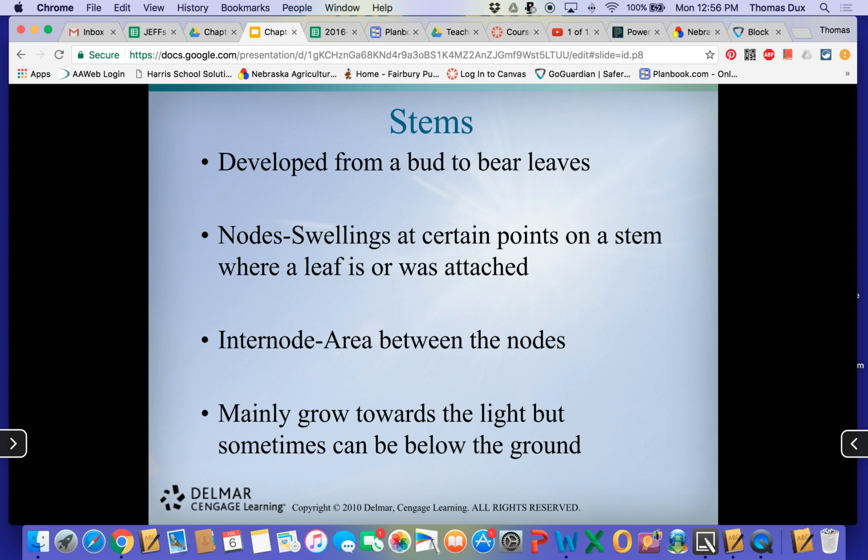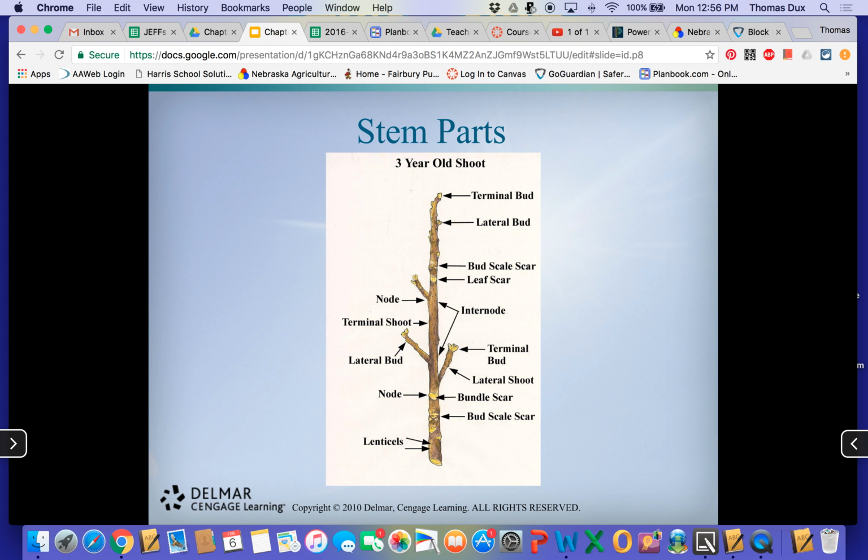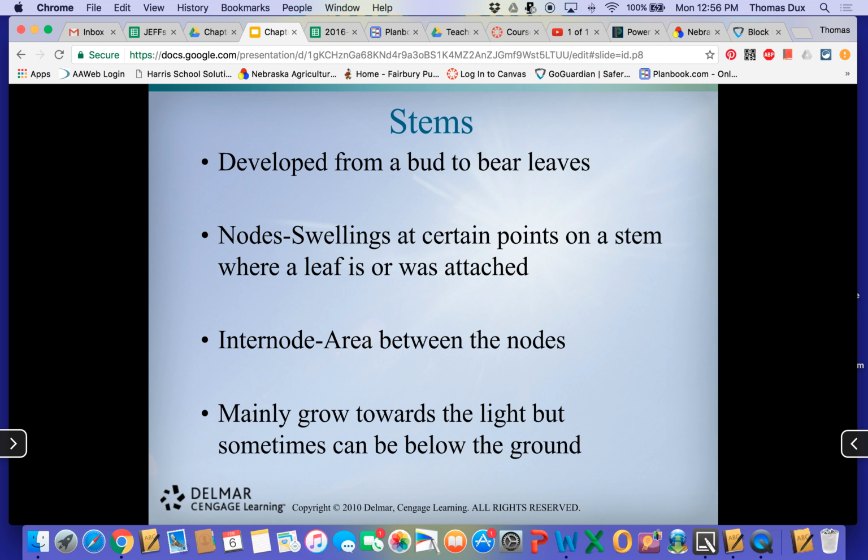Okay, here's what I want you to write down. You can go ahead and look at this here, because we'll do a little quiz over the different parts of your stem as well.